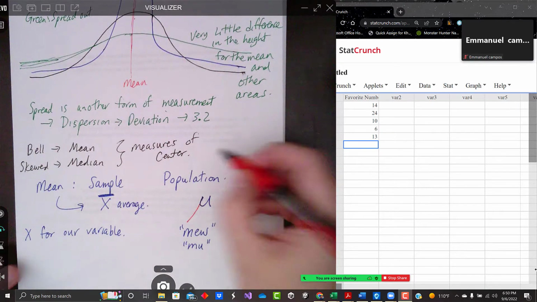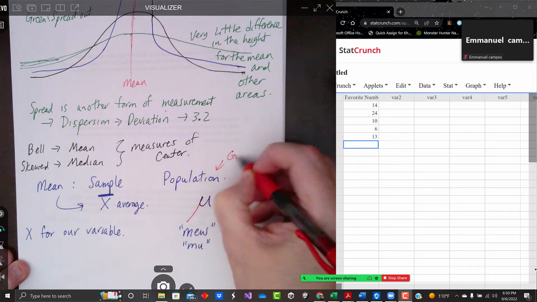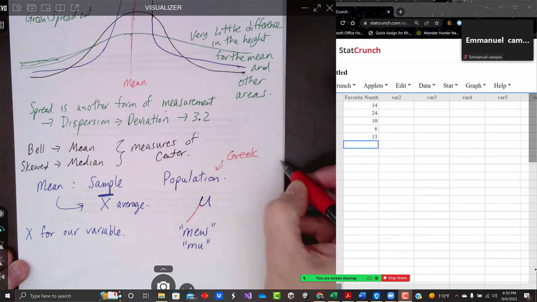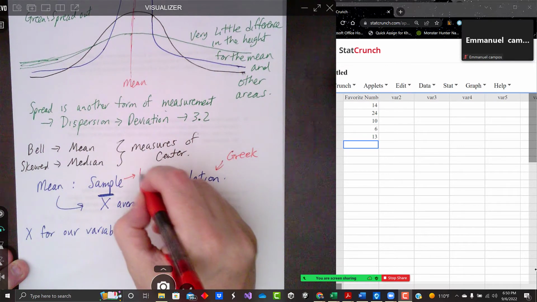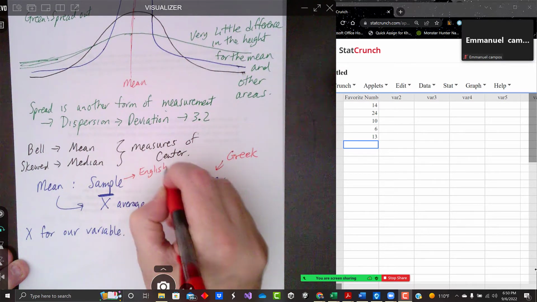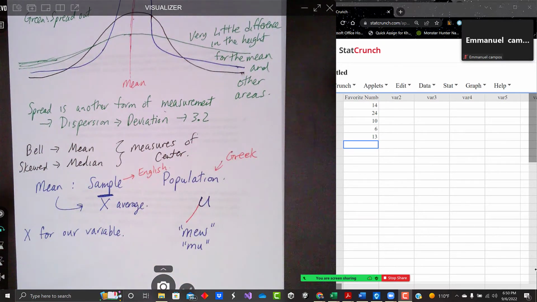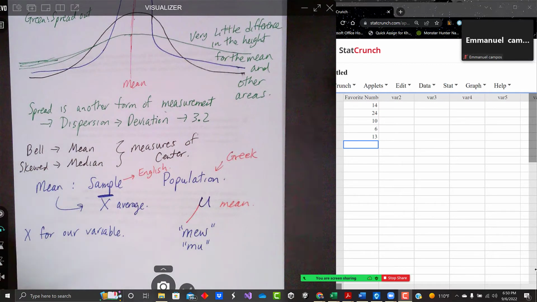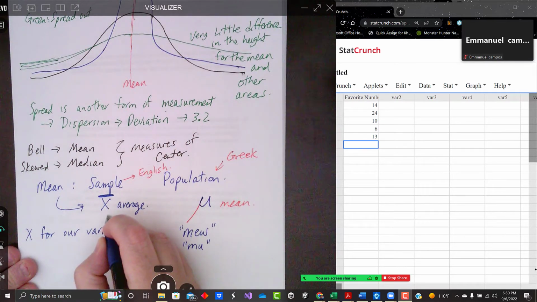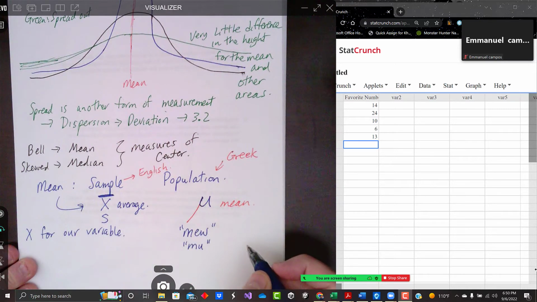So for populations, we will use Greek letters for a lot of stuff we do. For samples, we will use English characters. We're going to use X bar for average or mean, and then mu for average or mean. When we get to other stuff, like standard deviation in the next section, we'll use an S for the sample.